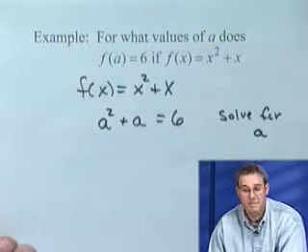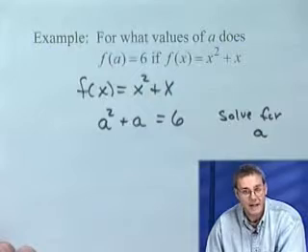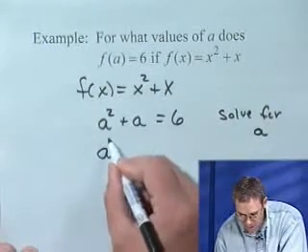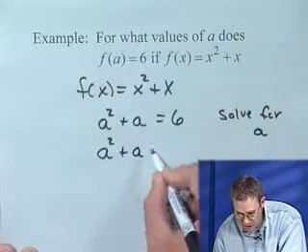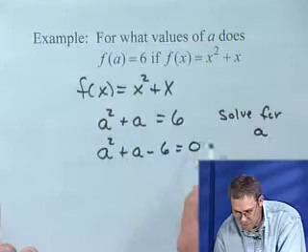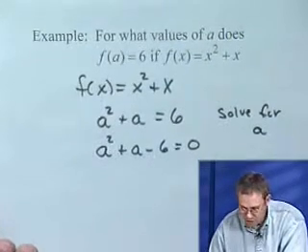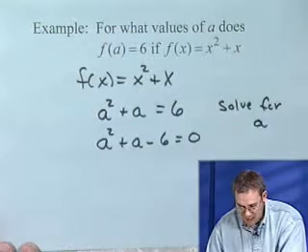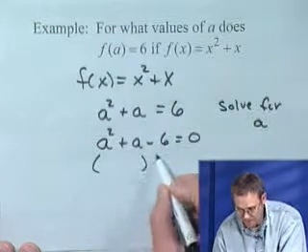And it says solve for a. Well, again, we have a quadratic, so you have to know how to solve a quadratic equation. To solve a quadratic, we set the equation equal to 0, so I'll move the 6 over. And we could use the quadratic formula or complete the square, or this one looks pretty easy to factor, so I'll try to factor it.